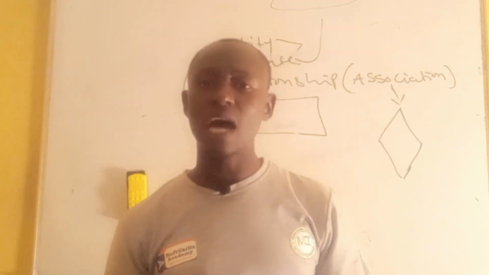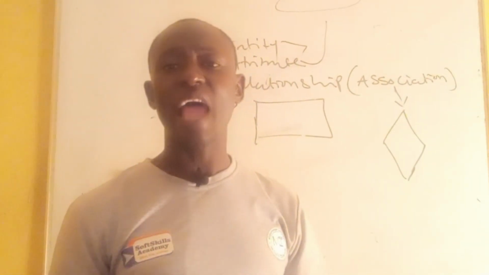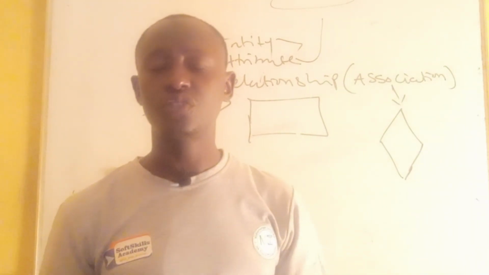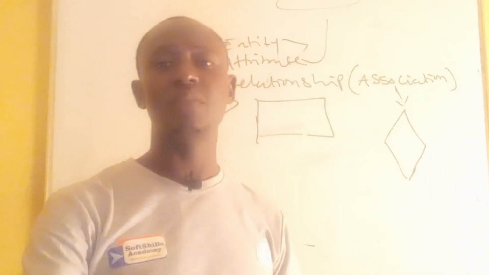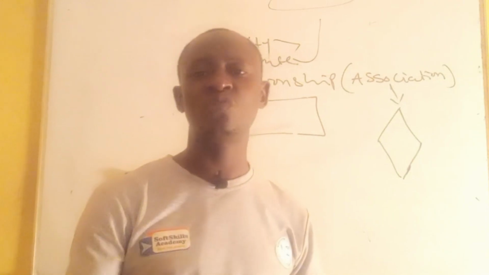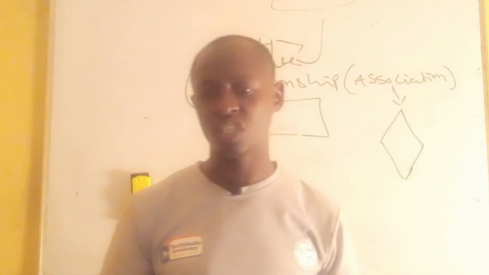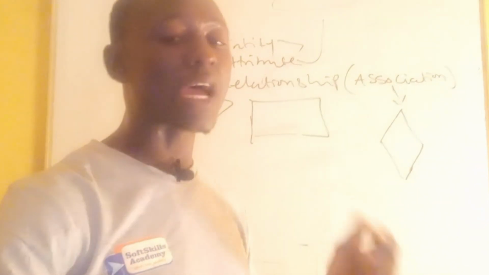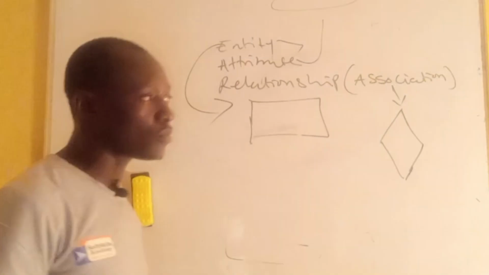These people get less issues in implementing their database if they are using this entity relationship model. So these are the four reasons why we prefer using entity relationship models.